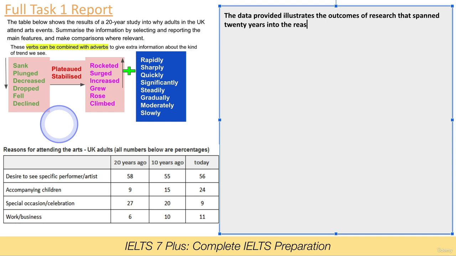Into the reasons for individuals over 18. Individual, in other words, another phrase for adults. Individuals over 18 for reasons attend, go to creative occasions.